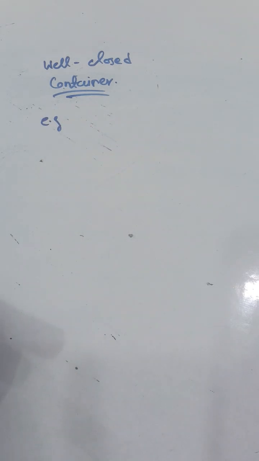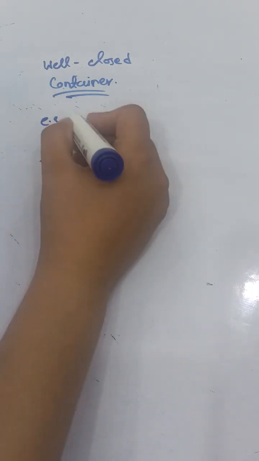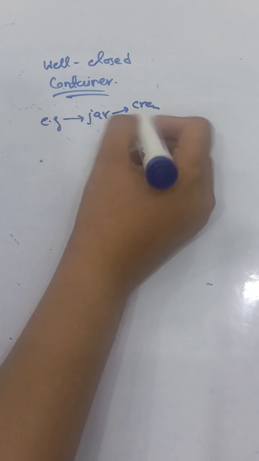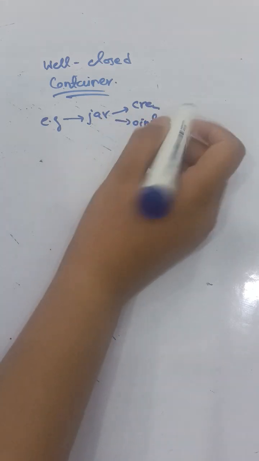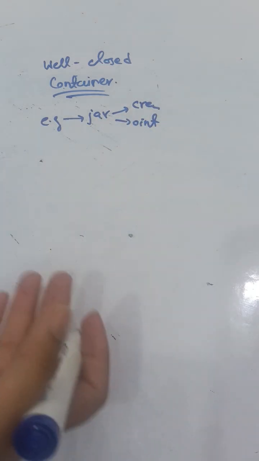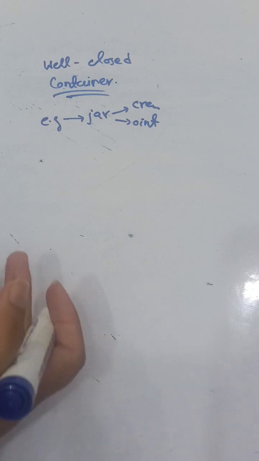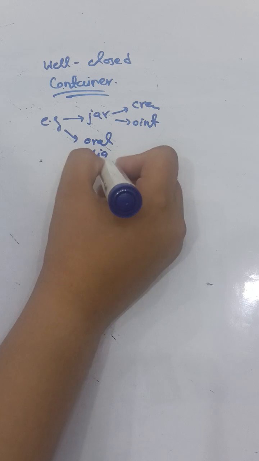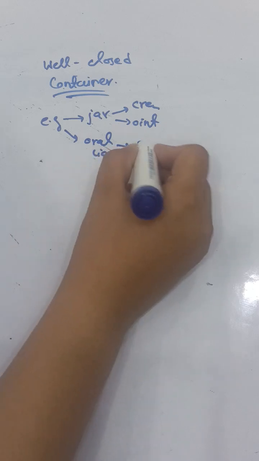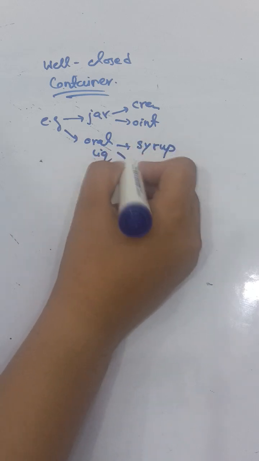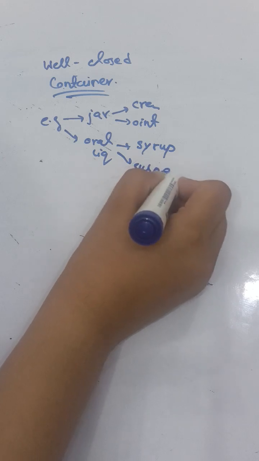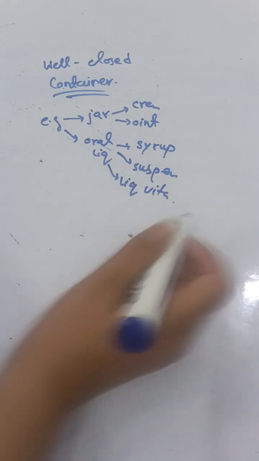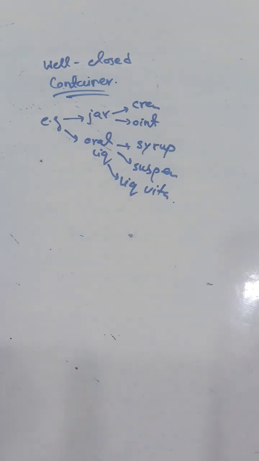Like a lot of ointment creams, jar of cream or ointment. They are well closed because cream or ointment can have volatile agents in them. Some oral liquids like syrups, cough syrup, a lot of suspensions, or liquid vitamins can be examples of it.